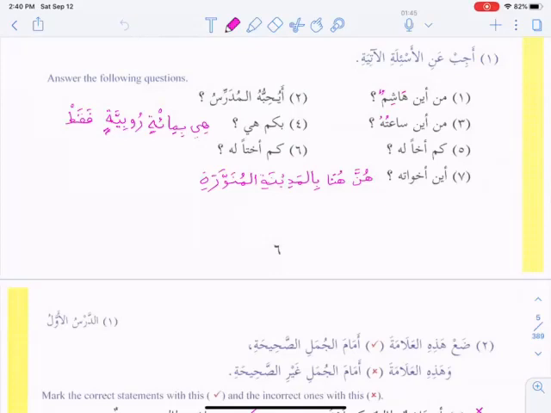Then Dr. Abdurrahim introduced another such particle, which is the sister of inna, and that is la'alla. La'alla is a particle. It signifies hope and fear. It comes in the Quran all the time.